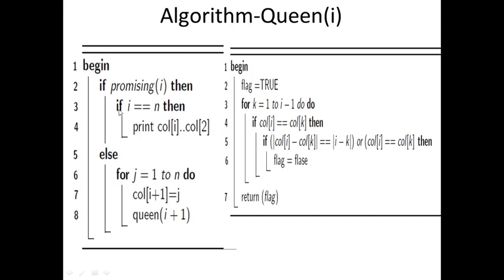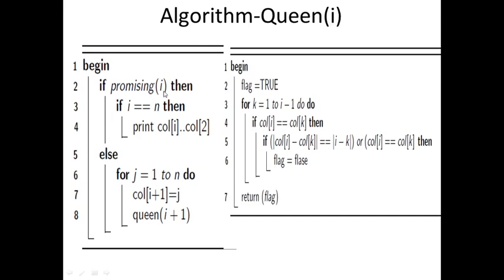And this is actually the formal algorithm. This is the algorithm Queen, and this is the promising function. Promising means this will give you no conflict. Okay, and the algorithm will be called with placing the ith queen.